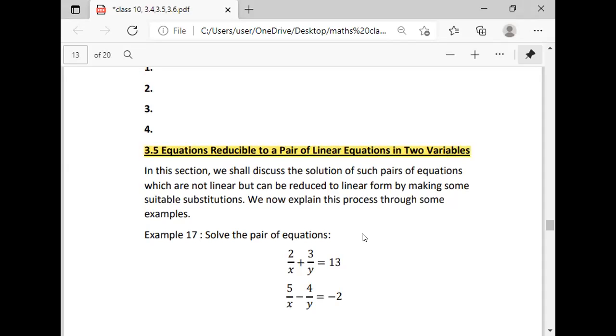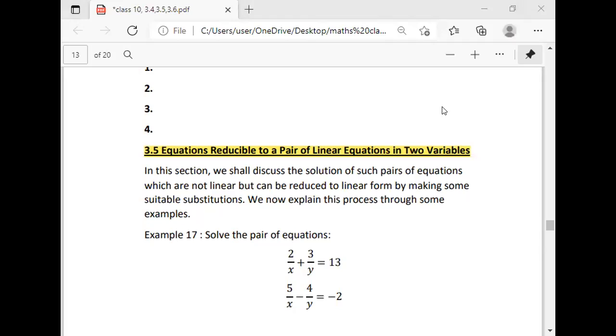Divya, can you say how we can solve this pair of equations? Just the steps only, we don't want the answer. Yes, sir. Firstly, we take 2 common in the first equation.